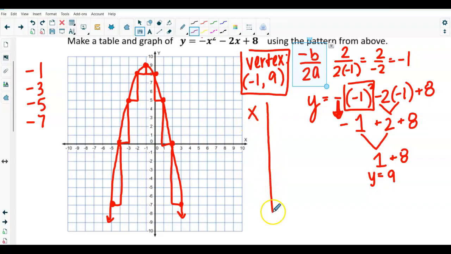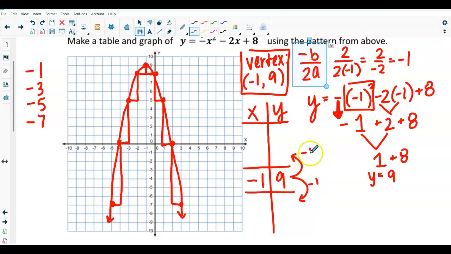And now when we fill in our table, we can sneak our vertex right in the center. And then we know that our building numbers actually shrunk this time. So instead of plus 1, we decreased by 1. And our x always increases, our x pattern is always by 1.